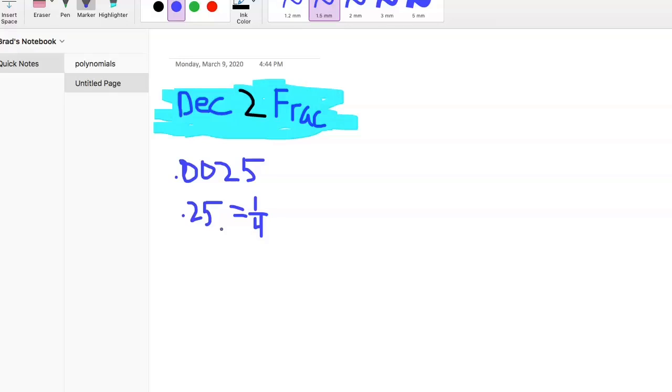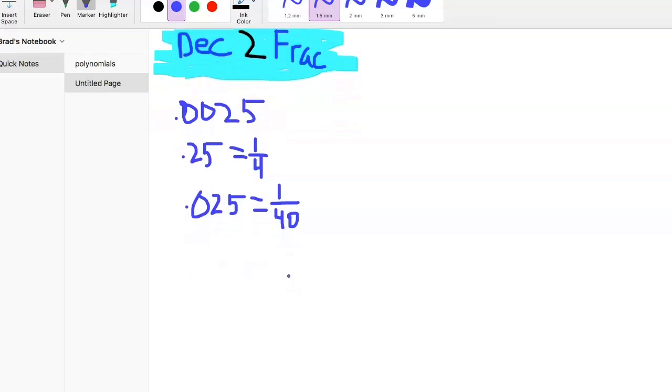If you add a 0 to the right of the decimal point, so if there's 1 0 to the right of the decimal point, 0.025, then we add 1 0 to the denominator. That's actually the right answer, believe it or not.